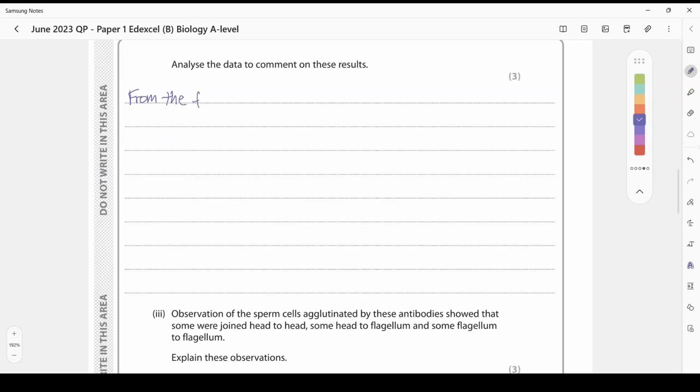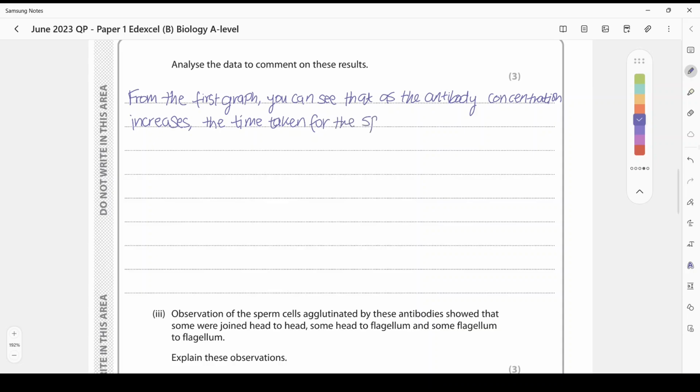From the first graph, we see that as the antibody concentration increases, the time taken for the sperm cells to agglutinate decreases.